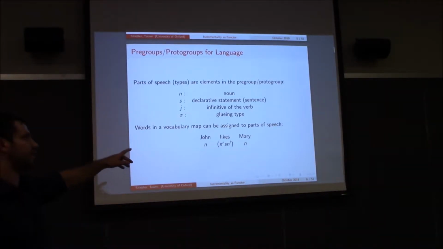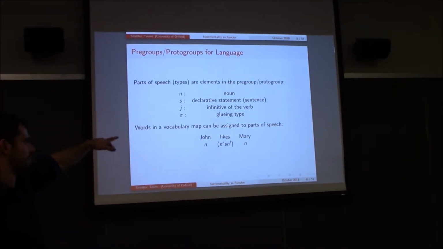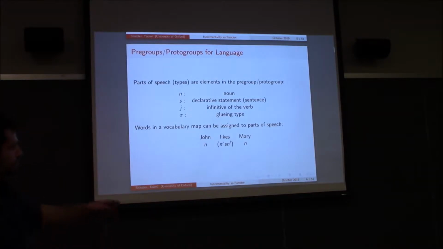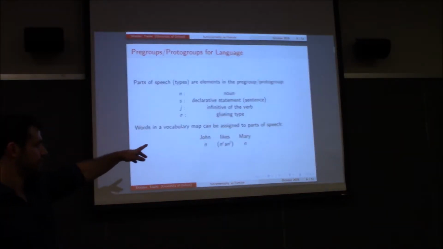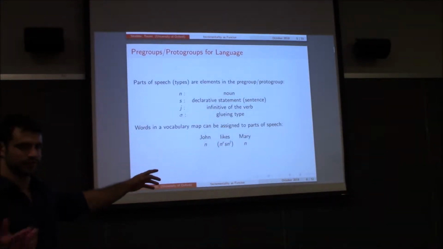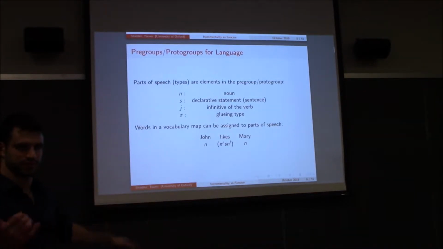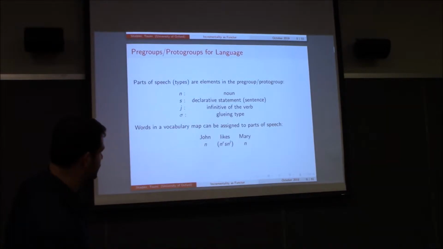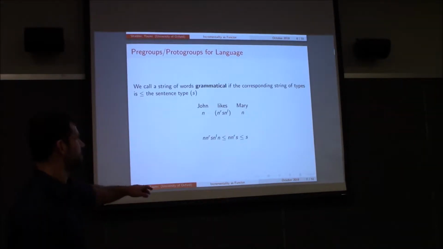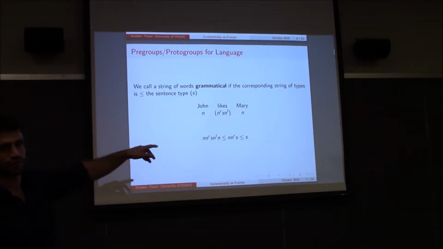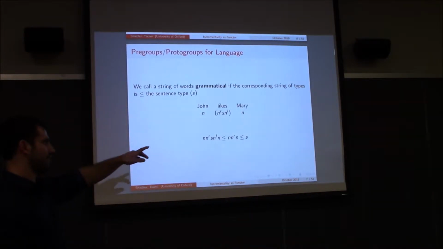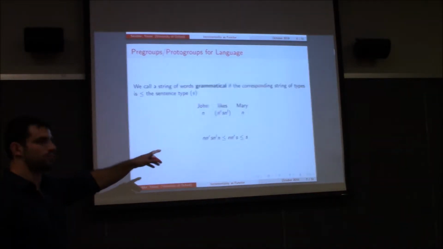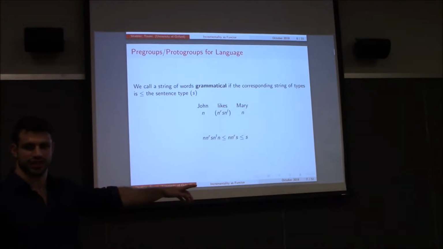Here we have a set of atomic types that get combined with the monoidal product. And we're going to associate each word with some type or some string of types connected by monoidal product in the pregroup. And so the punchline here is that we're going to call a string of words grammatical when we have this pregroup relation relating it to the sentence type.